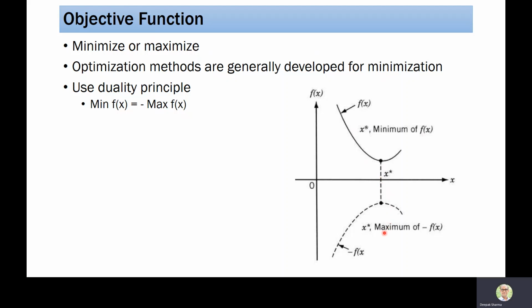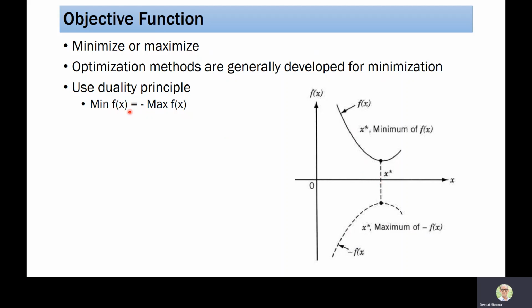Below the x-axis, we are maximizing minus times f of x. You can see this is the function of minus f of x. If I maximize, this is the point, with the corresponding value x star. So whether we minimize f of x or maximize minus times f of x, both functions will give the same optimum solution, that is x star.